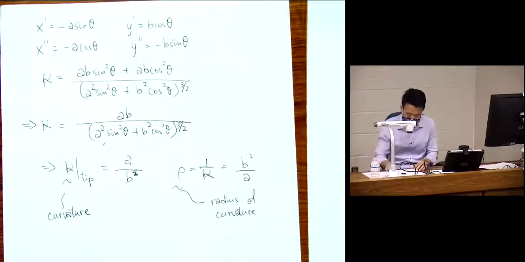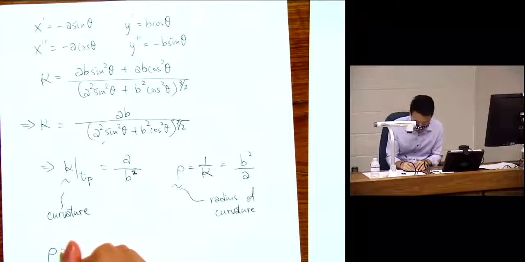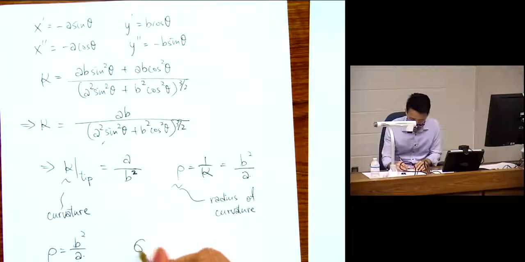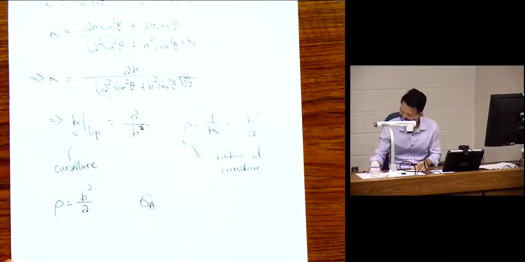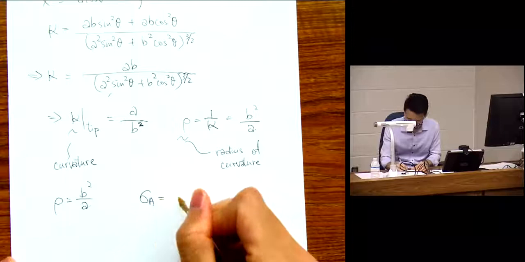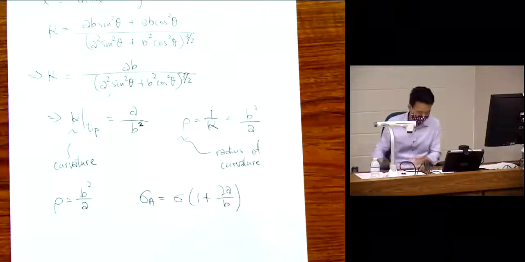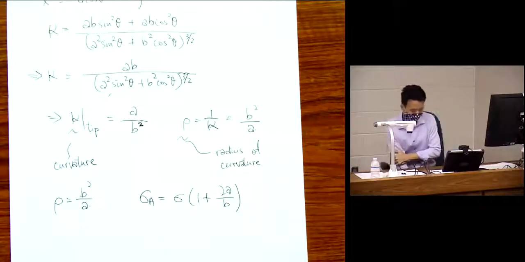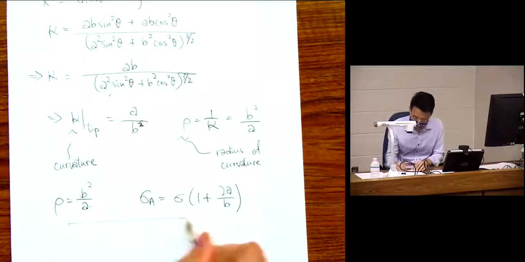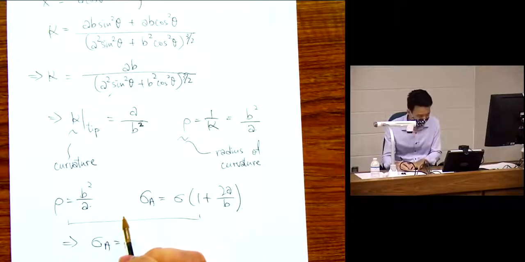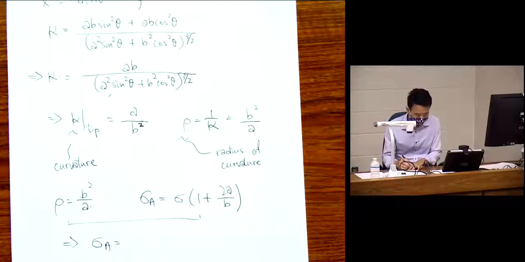So because we already have rho equals b squared over a, we have sigma a. Oops. So just combining these two, I want to express now sigma a in terms of the radius of curvature and the crack length a, right? So that's quite simple because we can do this.